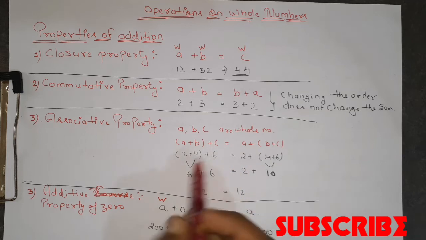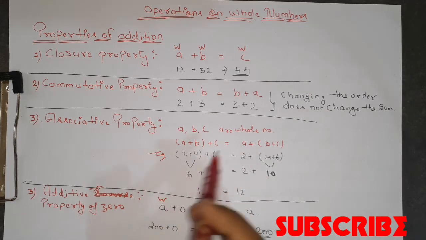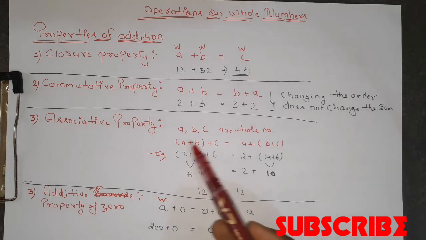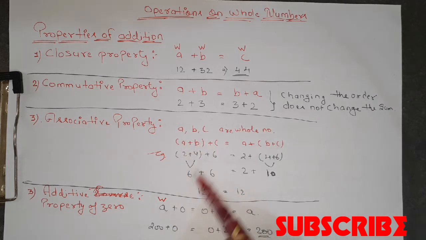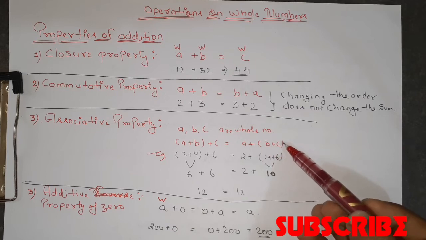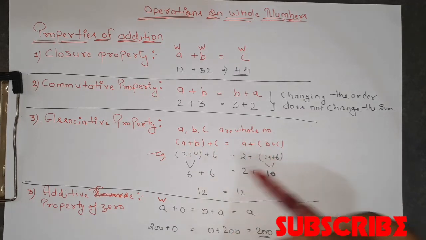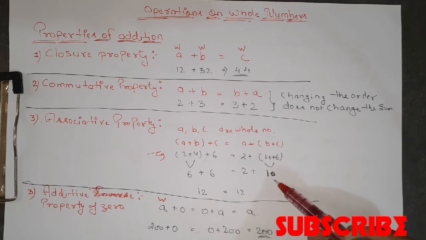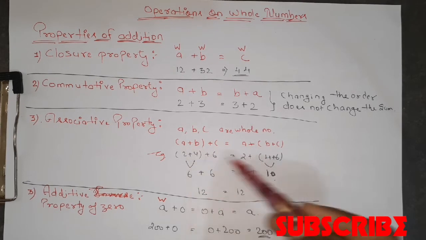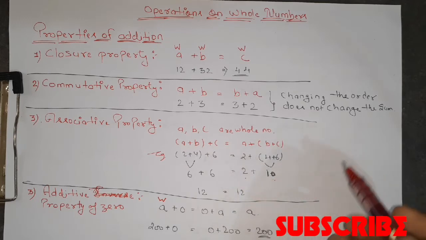I have given this example, where I have taken a as 2, b as 4 and c as 6. If I add a plus b, that means 2 plus 4, that is 6, and c is 6, so 6 plus 6, 12. In the next grouping, we have taken b and c together, so 6 plus 4, 10, and if we add a, the value of a is 2, so 10 plus 2, 12.